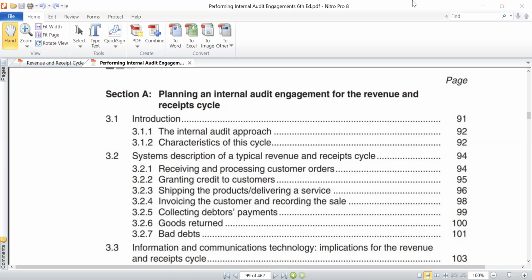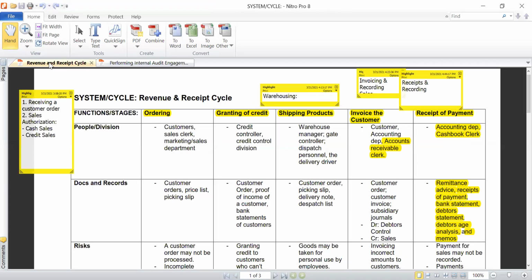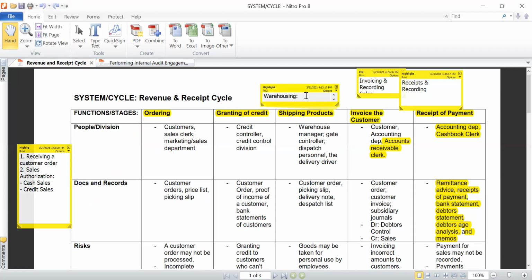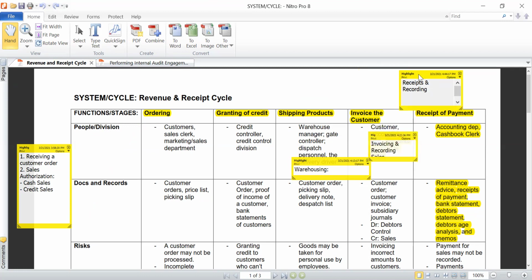AUI 3702. What we are going to be looking at in this particular engagement, and this is video A of this lecture, is the business cycle entitled Revenue and Receipts Cycle. That's what we are going to be discussing in this particular engagement.